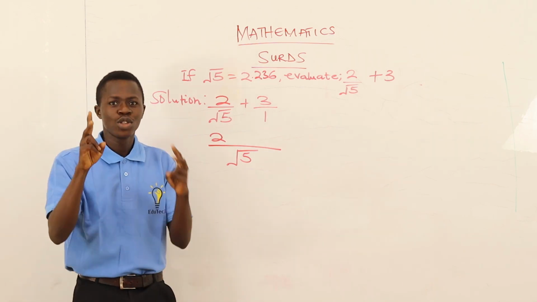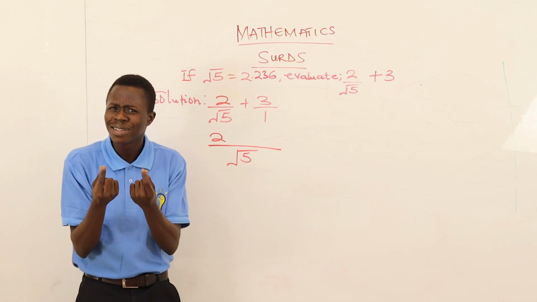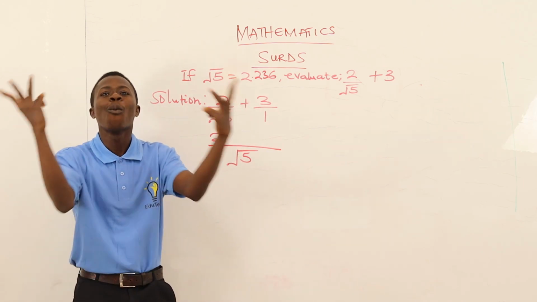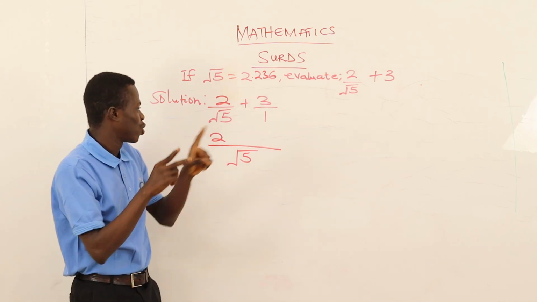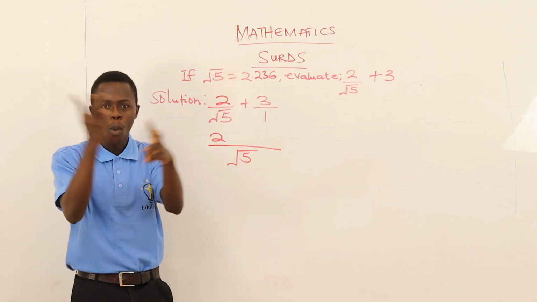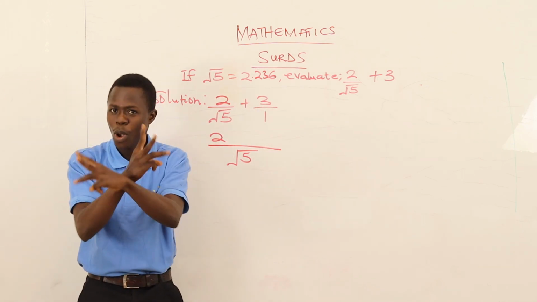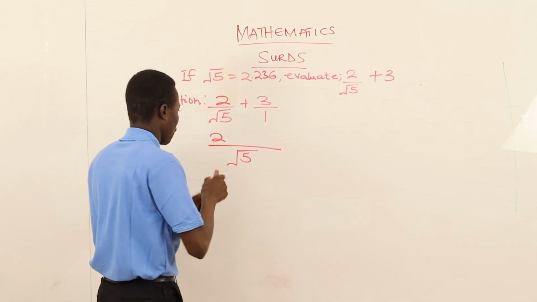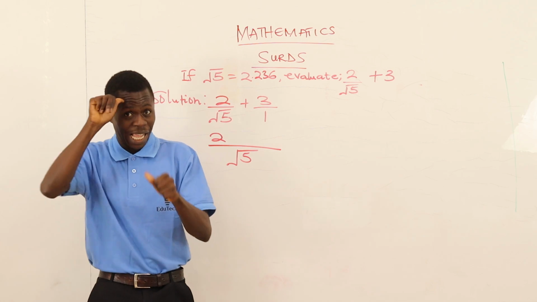You remember again that we divide square root of 5 by 1, and the answer we get will be square root of 5. We'll multiply it by the numerator, and the answer we'll get will be 3 square root of 5.